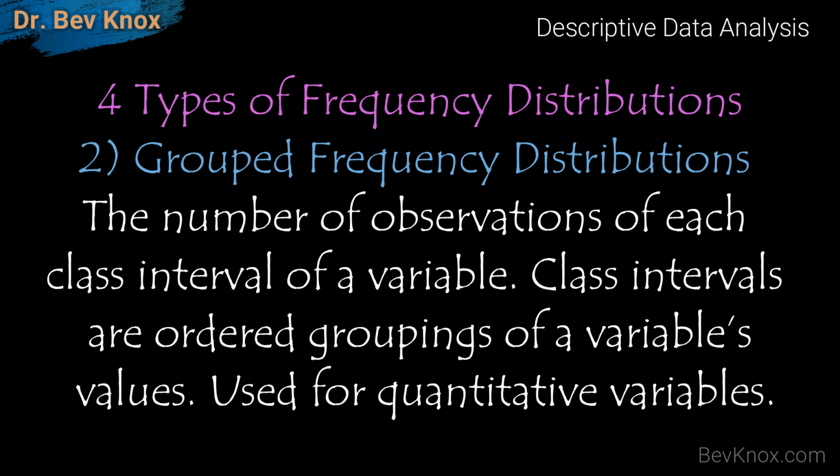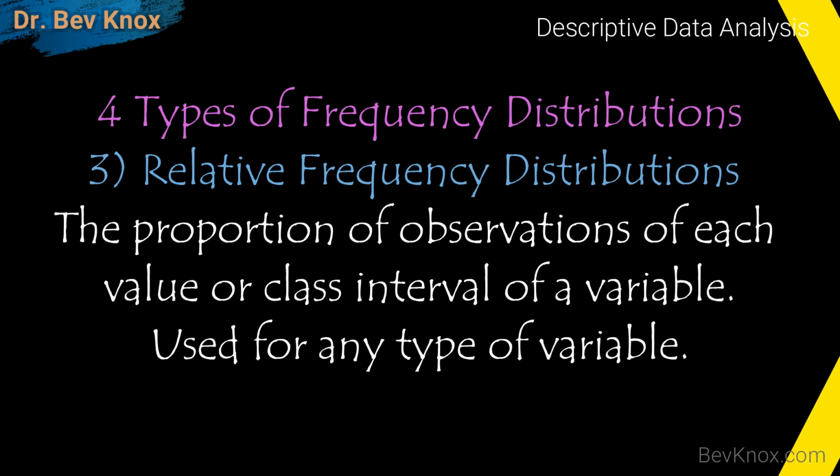Next, grouped frequency distributions. The number of observations of each class interval of a variable. Class intervals are ordered groupings of a variable's values. You could use this type of frequency distribution for quantitative variables. Next, relative frequency distributions. The proportion of observations of each value or class interval of a variable.